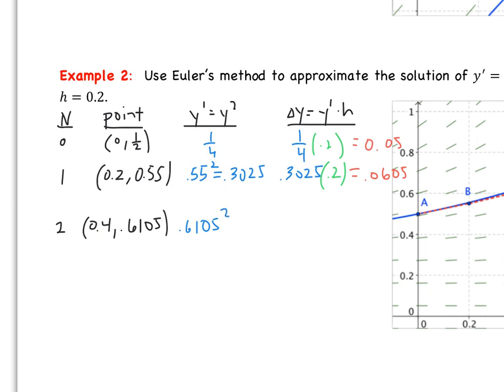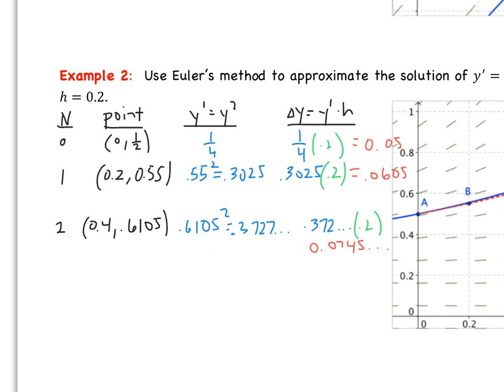Now we take that 0.6105, square it, and this is where it's starting to get nasty. This gets us to 0.3727, on and on. Now we take that 0.3727 and multiply that by 0.2, and we end up with 0.0745, continuing on.